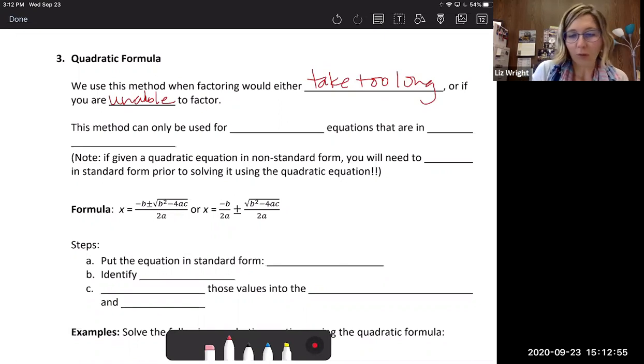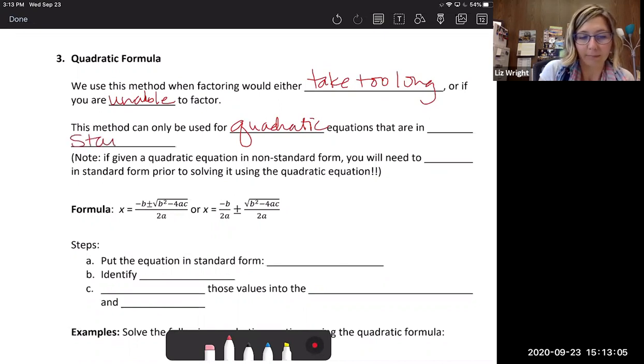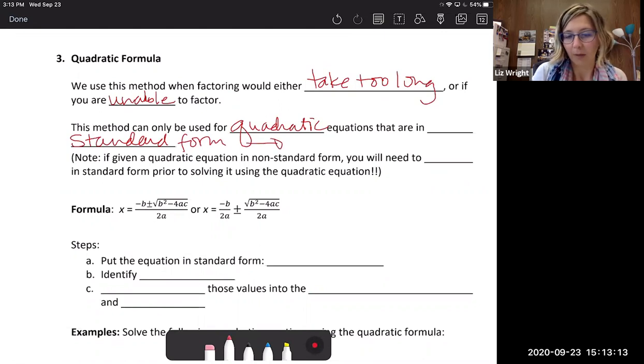This method can only be used for quadratic equations that are in standard form. So don't forget that standard form is ax squared plus bx plus c equals 0.